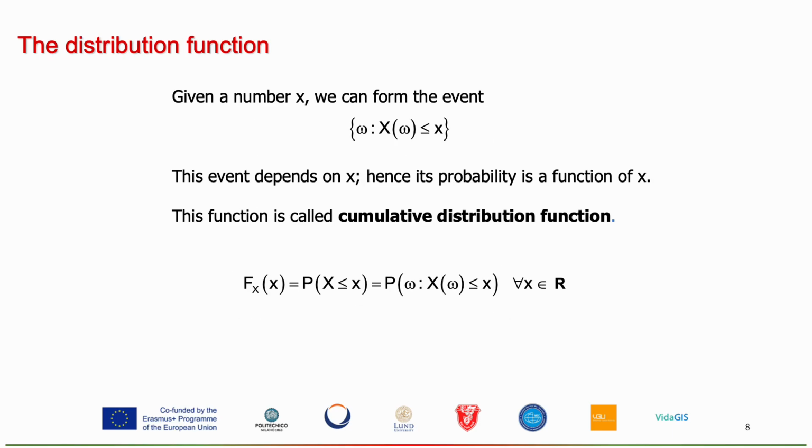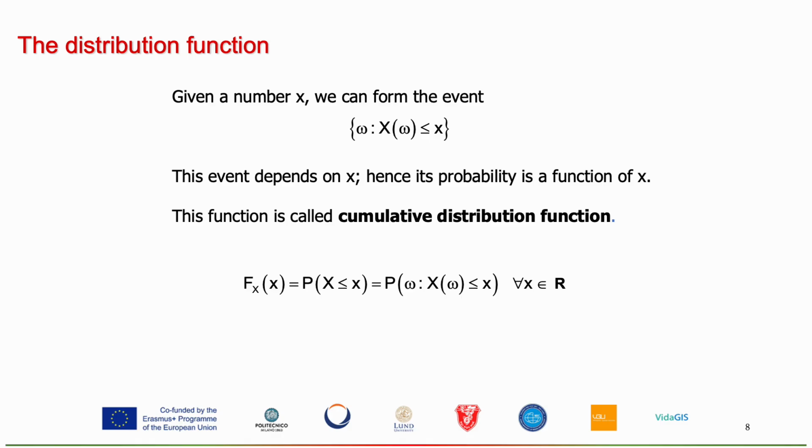Let's define a new quantity that is the distribution function. Given a number x, we can form the event omega such that X of omega is smaller or equal to x. This event depends on x, clearly. Therefore, its probability is a function of x.